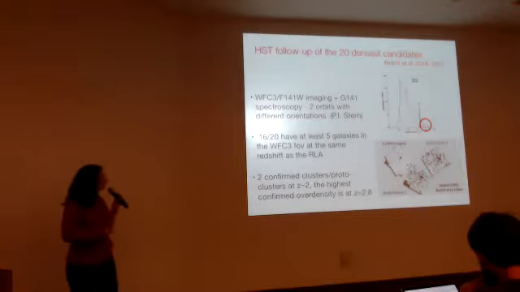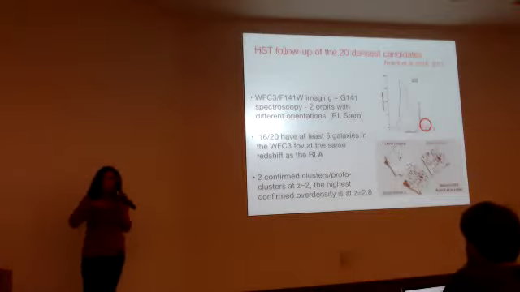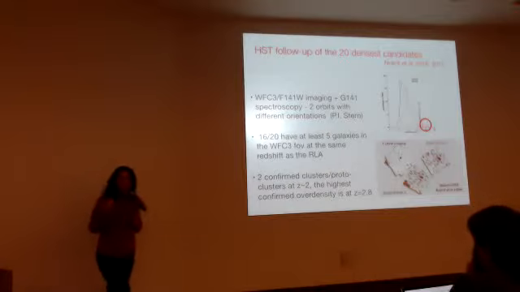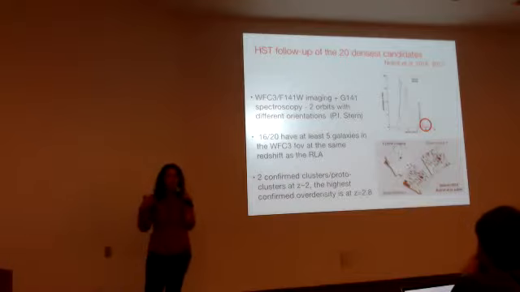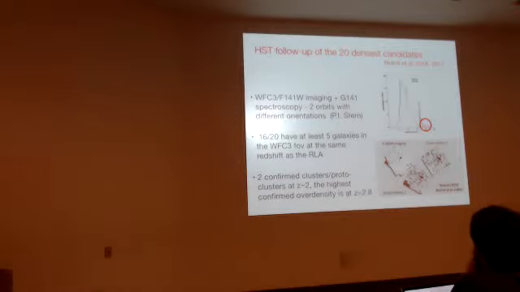So we have two confirmed cluster protocluster at z equal 2, and the highest confirmed overdensity at 2.8. We're still analyzing the samples in terms of morphology, but we already have results on the star formation that I will show today.